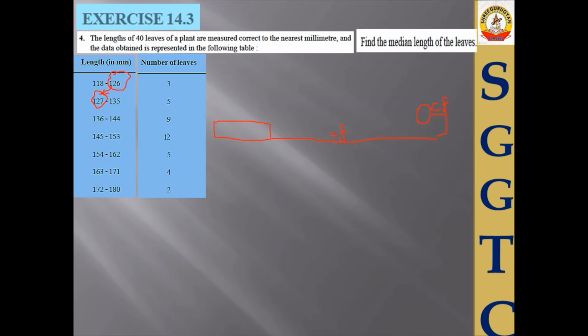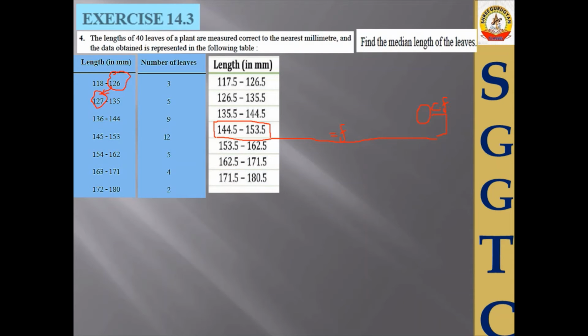That's why students, you create continuity. So what to do? Lower limit subtract 0.5 and upper limit add 0.5. Again, repeat: lower limit minus 0.5 and upper limit plus 0.5. So you easily create the length in mm with continuity.